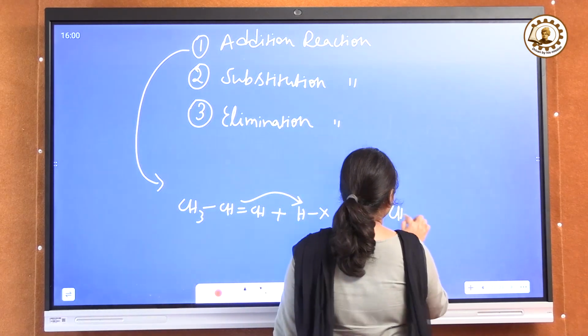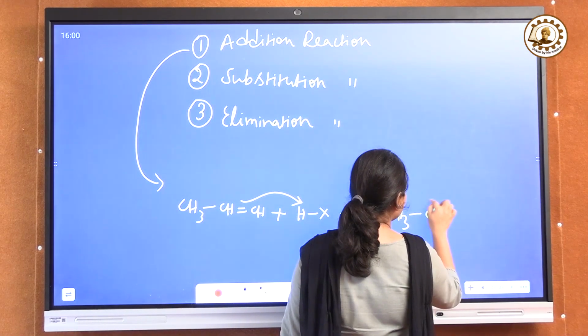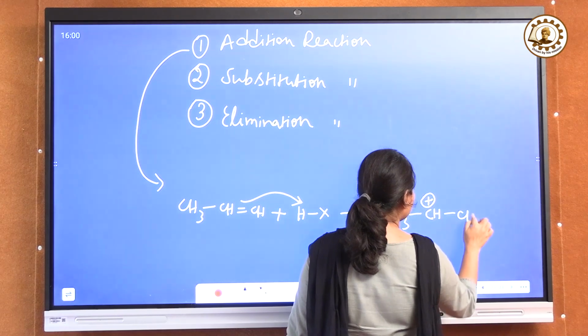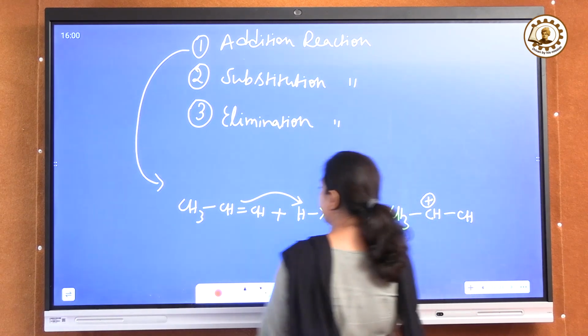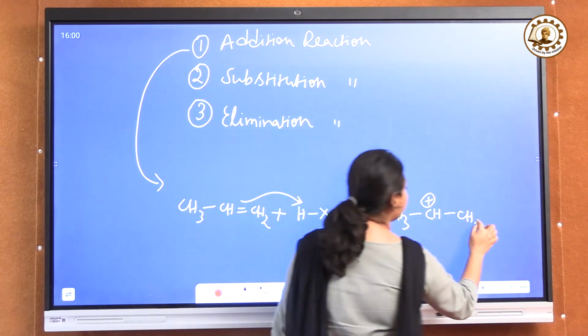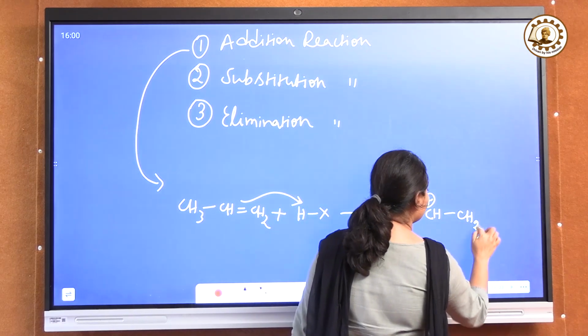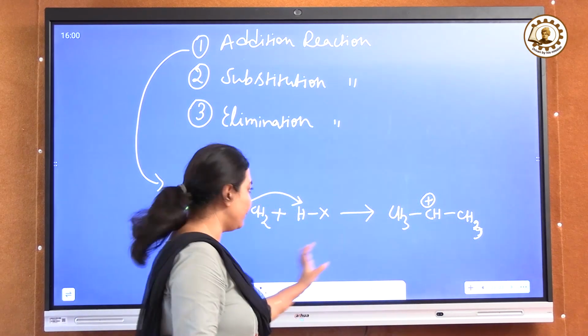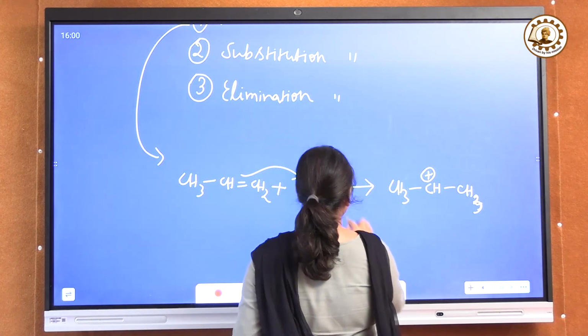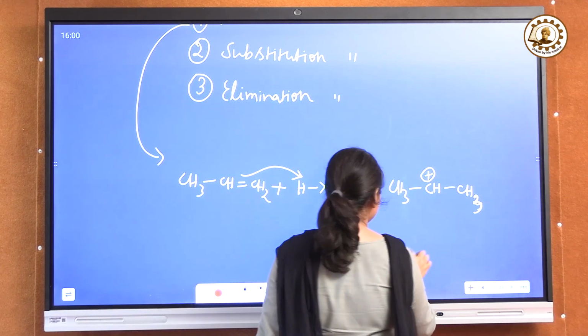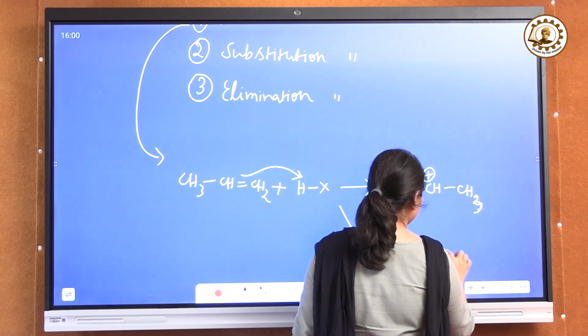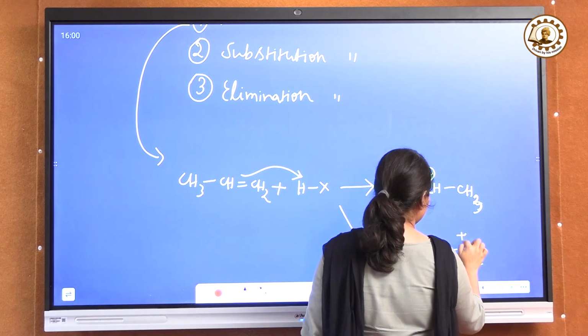What are those? So this can be one carbocation and another one can be CH3, CH2, CH2 plus.